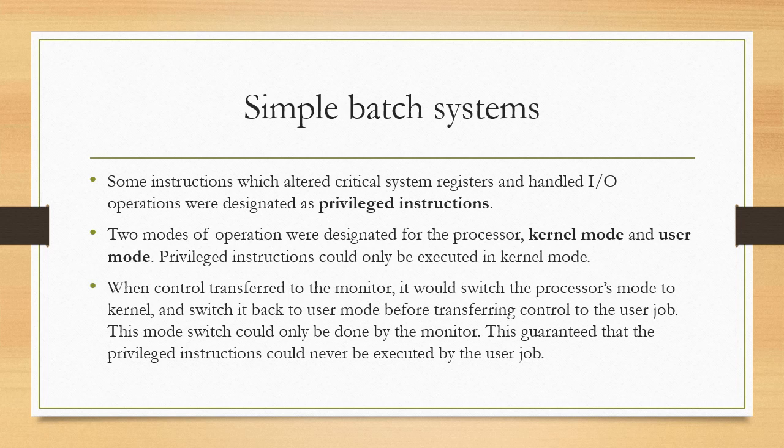When control transferred to the monitor, it would switch the processor's mode to kernel and switch it back to user mode before transferring control to the user job. This mode switch could only be done by the monitor. This guaranteed that the privileged instructions could never be executed by the user job.